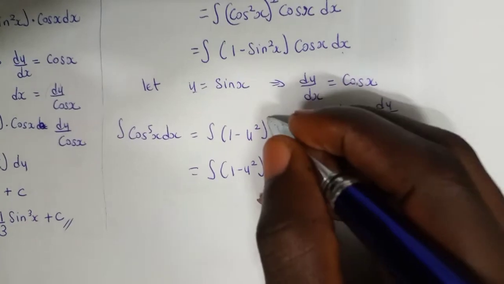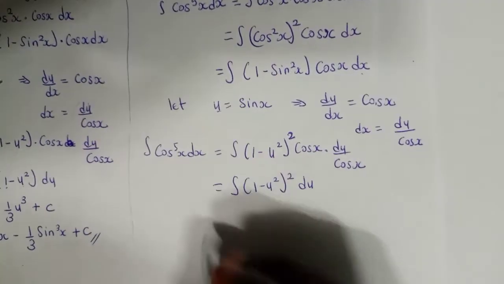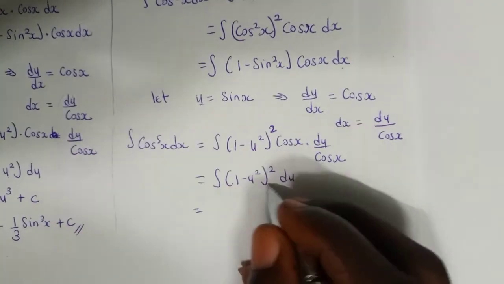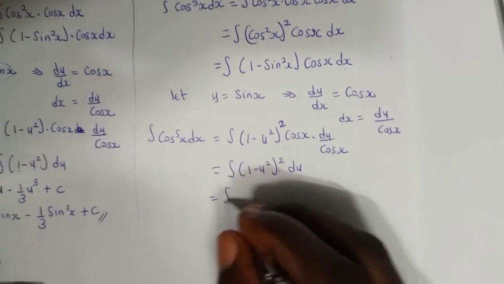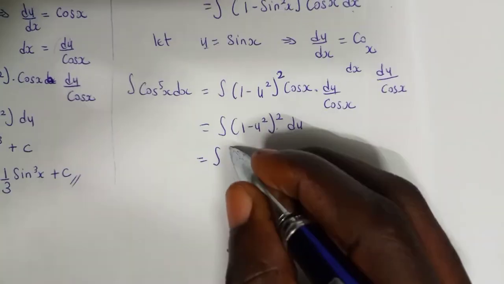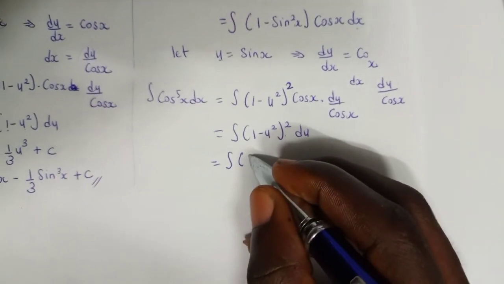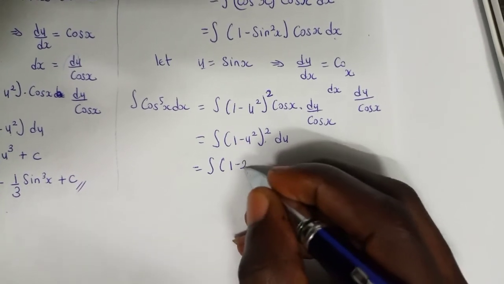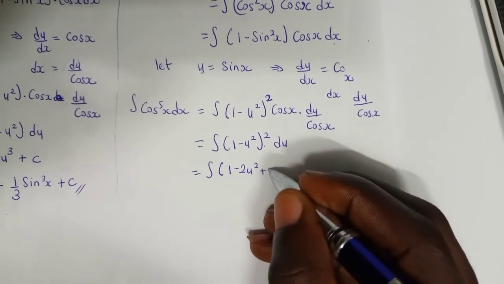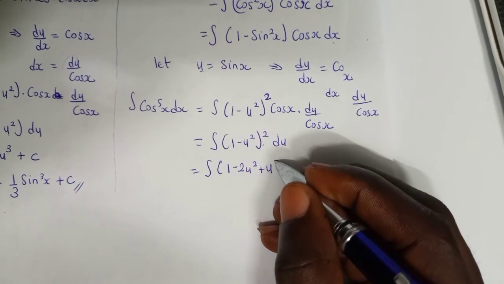Sorry, I forgot the square. So simplifying this expression, we're going to get 1 minus 2u squared plus u exponent 4 du.